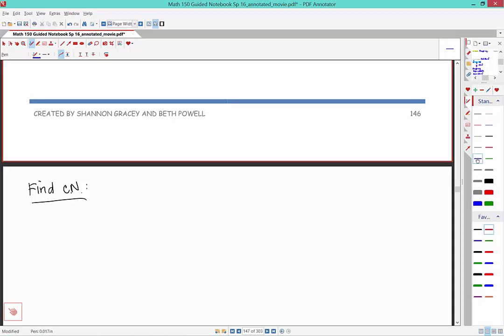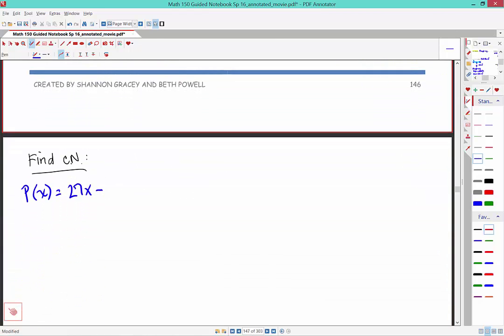Finding the critical numbers. So our primary equation was P of x is equal to 27x minus, I believe we had x cubed, yes. So differentiating both sides with respect to x, we will have P prime at x is equal to 27 minus 3x squared.